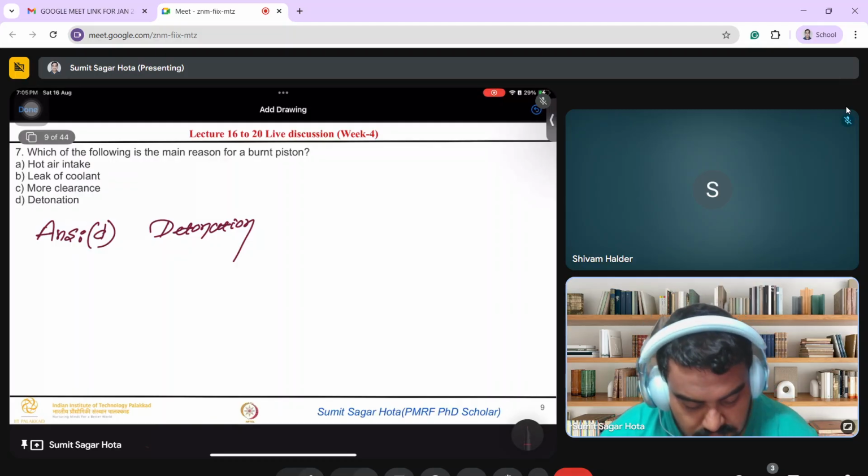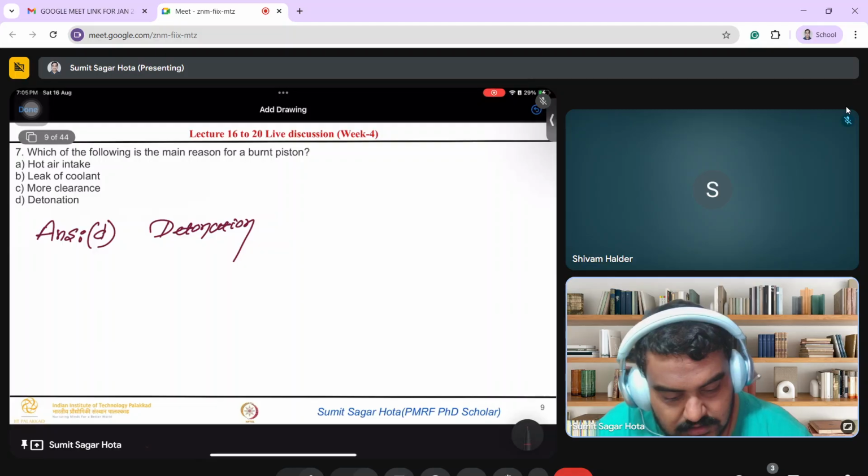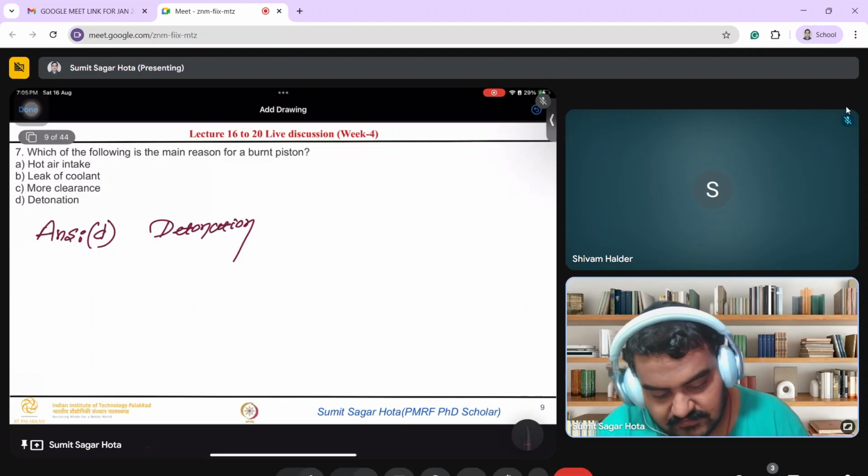So detonation is the reason for a burnt piston.